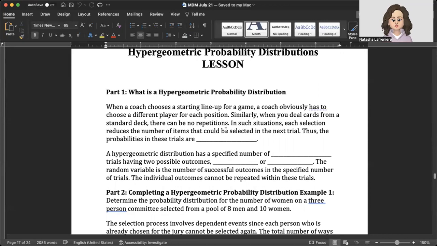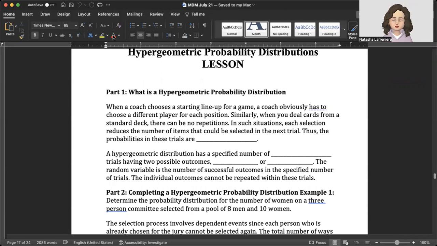When a coach chooses a starting lineup for a game, a coach obviously has to choose a different player for each position. Similarly, when you deal cards from a standard deck, there can be no repetition. So you can't have 2 hearts twice, right? In such situations, each selection reduces the number of items that could be selected in the next trial.